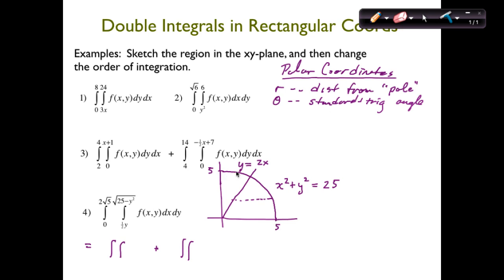Do all those points have something in common? Isn't r always 5 for every angle? So this x squared plus y squared equals 25 is the same as r equals 5, or r squared equals 25.